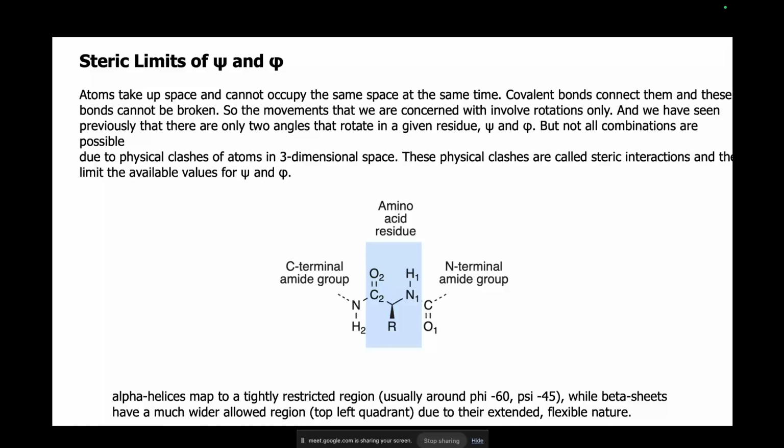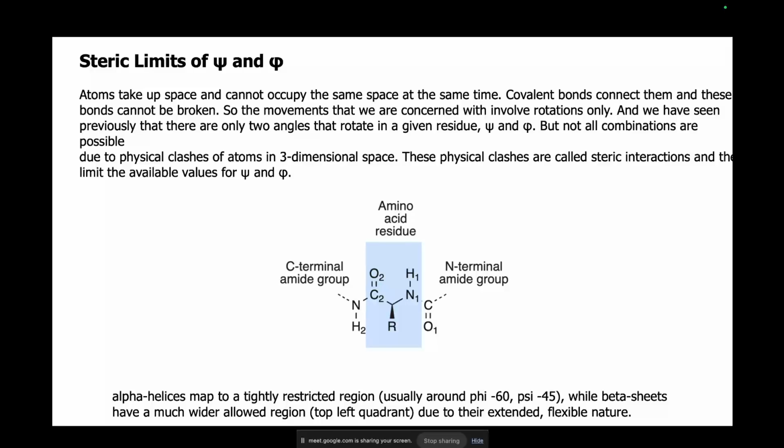But all combinations are not possible due to physical clashes of the atoms in a 3D space. These physical clashes are known as steric interactions, and they limit the available values for psi and phi across different protein residues. So this is the basic steric limit that we have for a set of proteins, right?